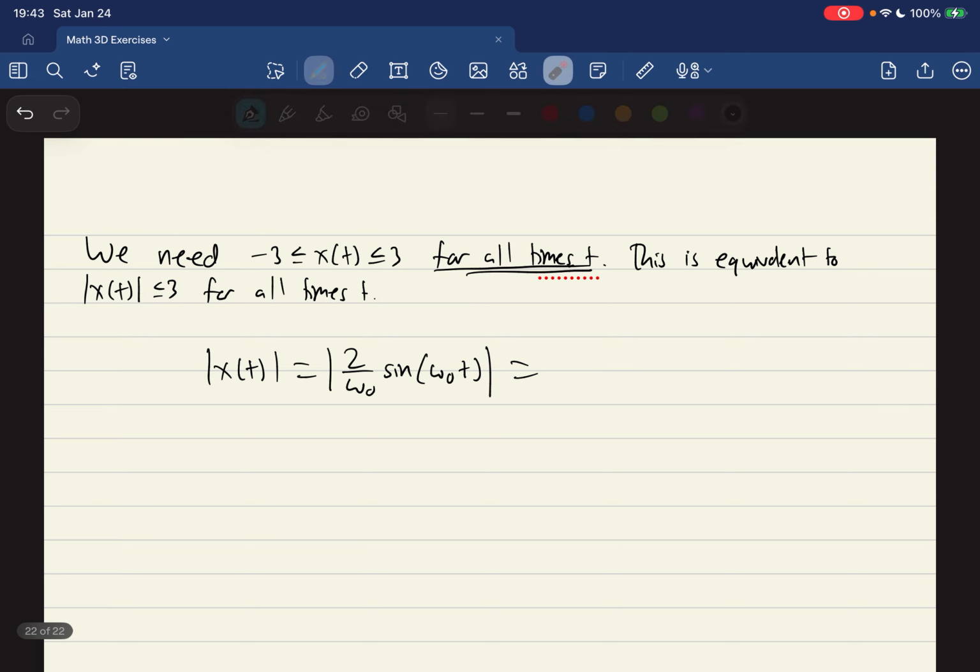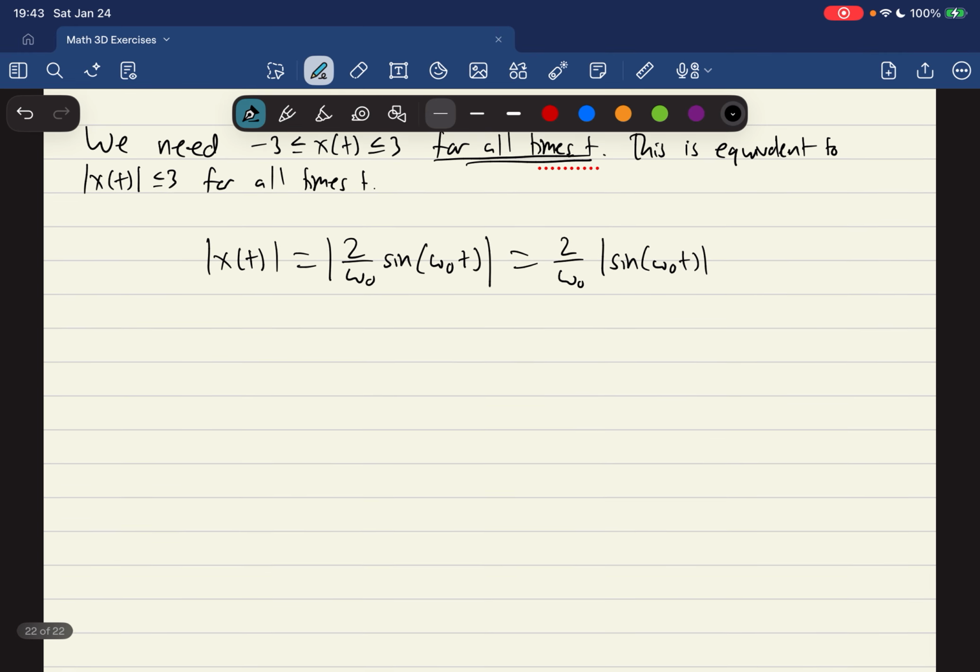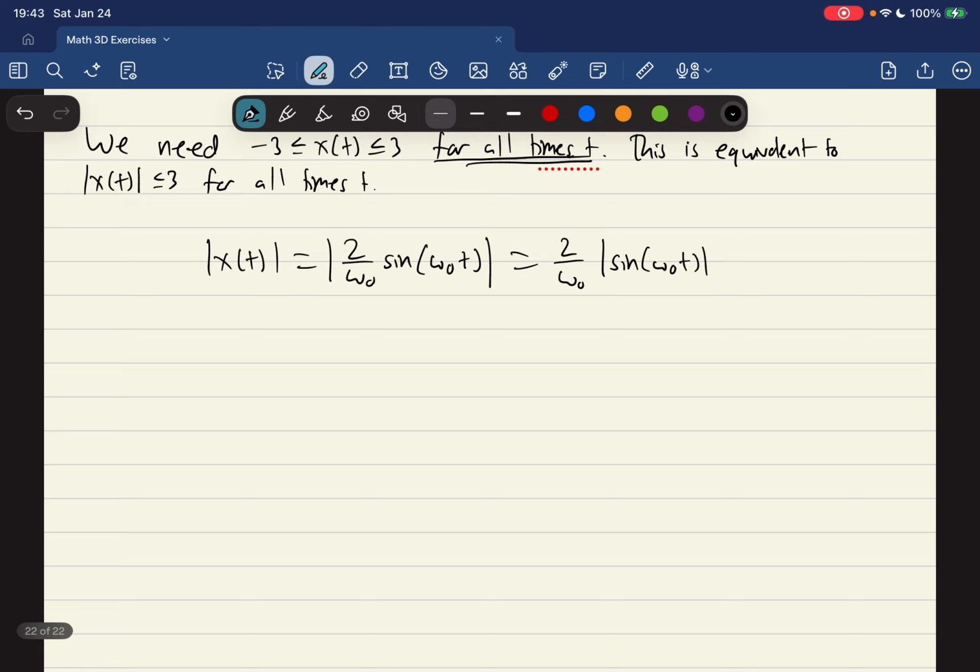So the absolute value of 2 over omega naught is just itself. And then we're left with the absolute value of sine of omega naught t. But the absolute value of sine is always less than or equal to 1.